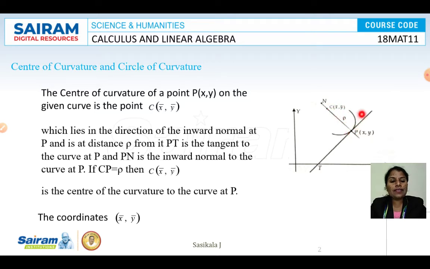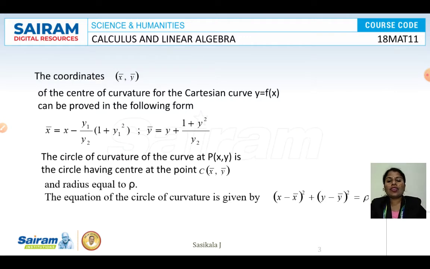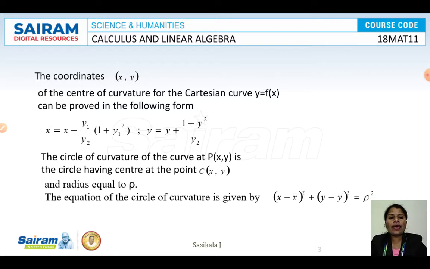Here the tangent of this curve is considered as T. If the distance CP is rho, then the center of curvature is nothing but C of x bar comma y bar. The coordinates x bar comma y bar of the center of curvature of the Cartesian curve y equals f of x can be proved in the following form.